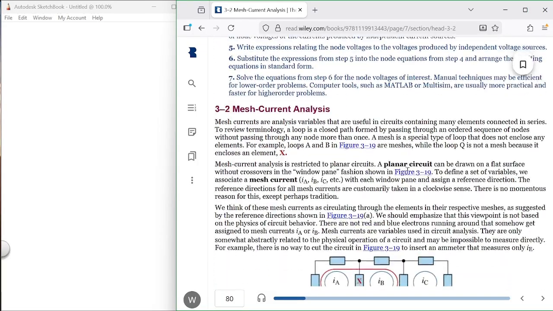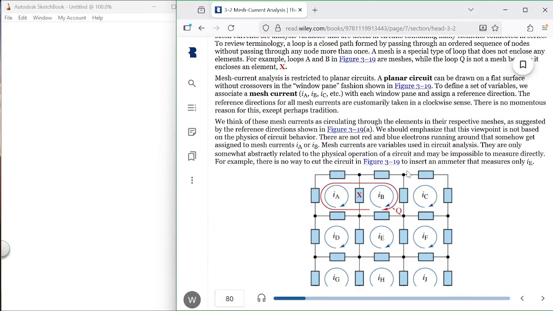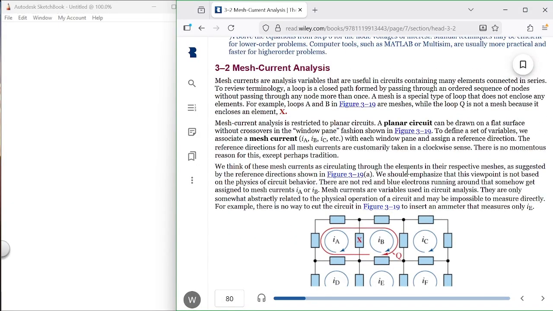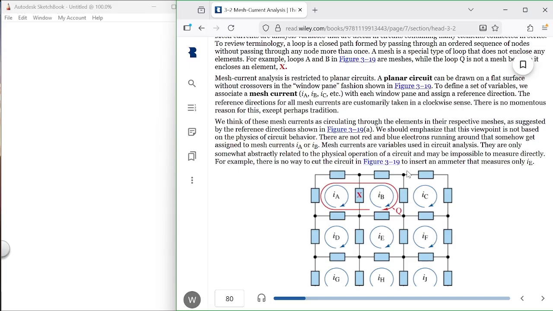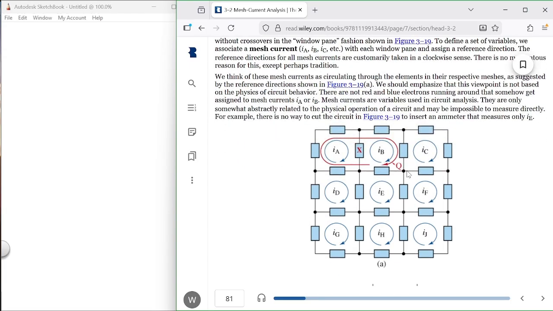Mesh. This is the common one that most people use to do an analysis. That's a little bit extreme, but in that case you have 9 unknowns.